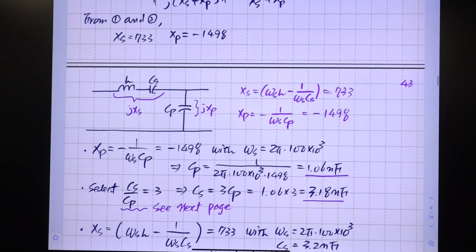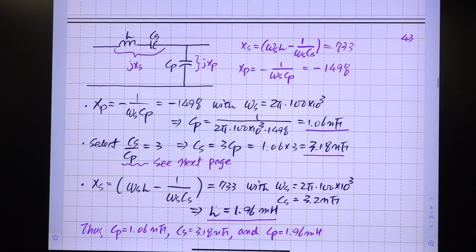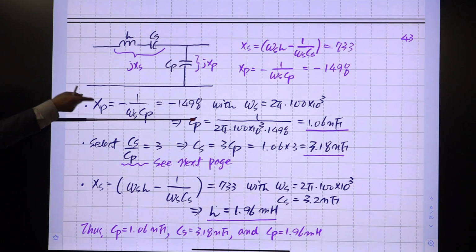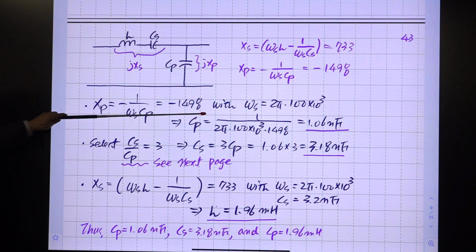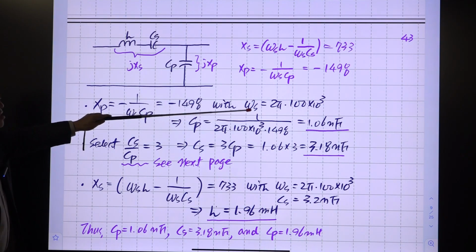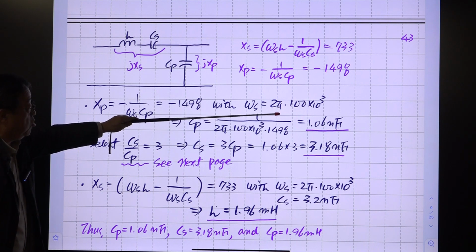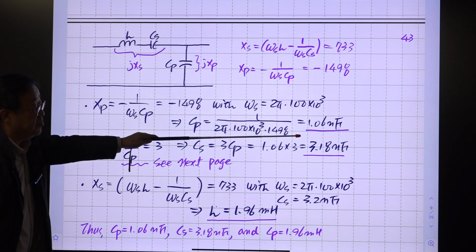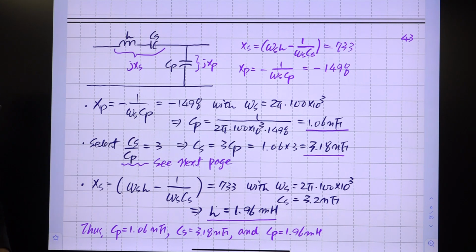This is the procedure for selecting the capacitances and the inductor. First, XP is this value from the previous lecture slide, and omega S corresponds to 100 kilohertz. Then CP is given by this.